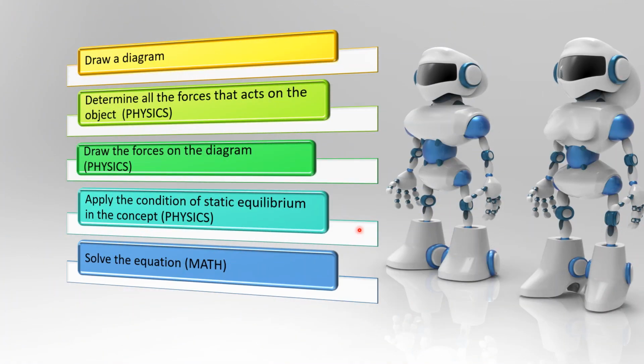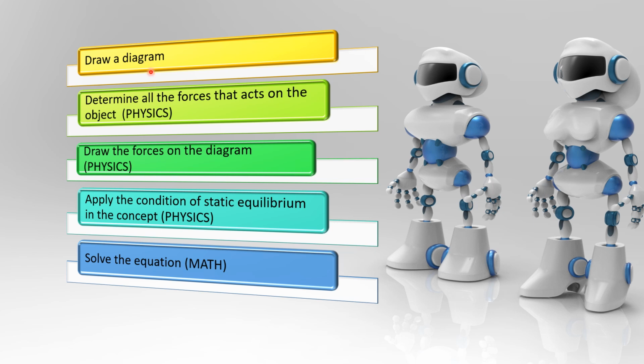Now we know the condition for the equilibrium of a particle. Now let's learn how to solve problems involving forces in equilibrium at a point. The first thing you have to do, class, is draw a diagram. When you are given a question, if the question does not have a diagram, then you are advised to draw a diagram.